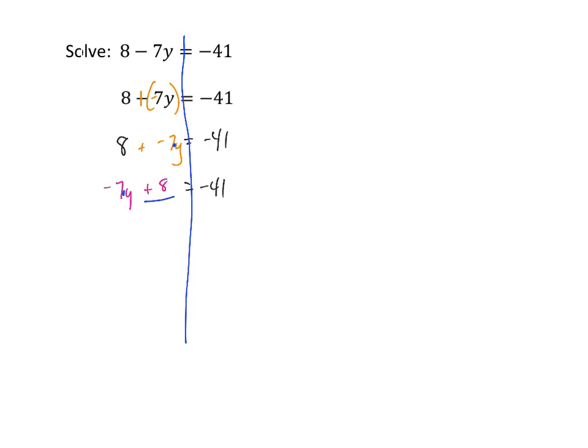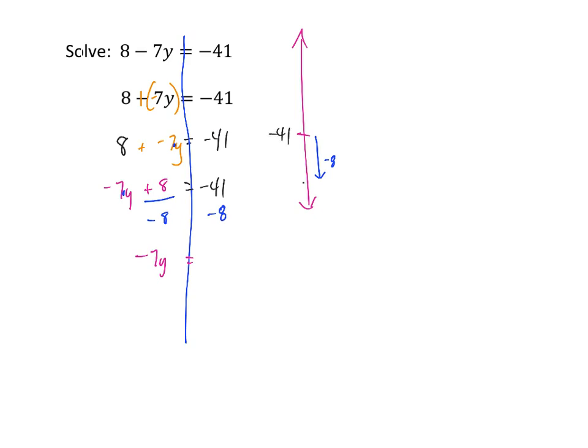So the first thing we're going to undo is that addition. So we're going to subtract 8 from both sides. So we're going to wind up with negative 7y equals, and this is where you have to be careful: if I'm subtracting 8, I go down, right? I'm going to go down 8. And I started at negative 41.